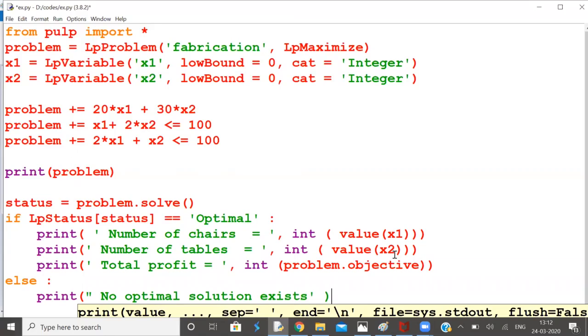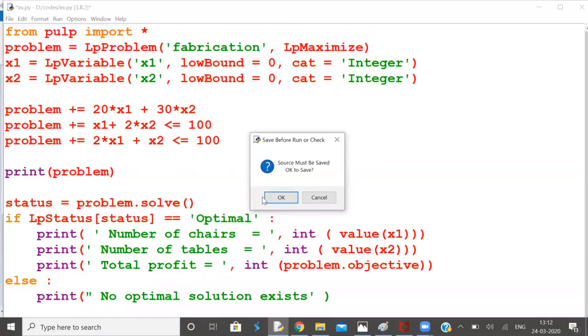Okay, so this is Python's way of solving a linear programming problem, an integer linear programming problem. This is one of the famous algorithms in operations research. This algorithm is called Simplex. Okay, so let us run and see it.